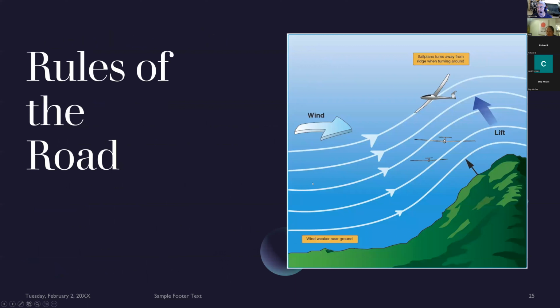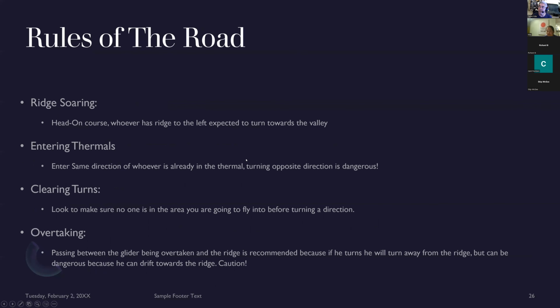Okay. Rules of the road. Okay. So ridge soaring on a head-on course, whoever has the ridge to the left is expected to turn towards the valley, right? So if the ridge is to the glider's left, and you're in a head-on situation, then the glider with the ridge to the left is expected to turn towards the valley.